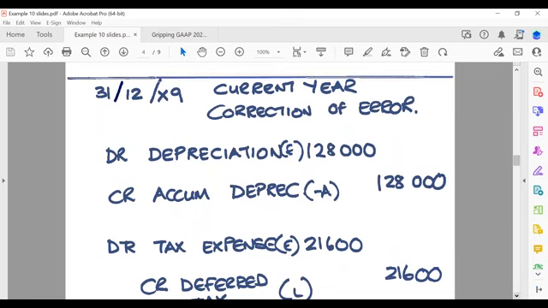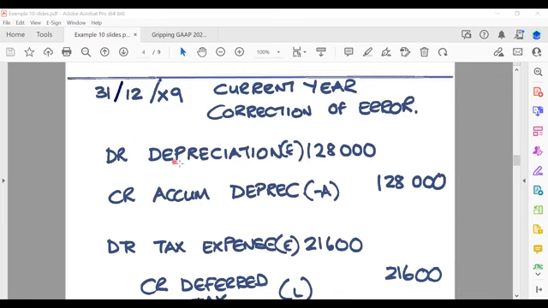Now that we've brought the asset into our books, we can now claim depreciation for this 1 million rand worth machinery. And so in the current year, what you're going to see that's different is that we are debiting depreciation, our expense.